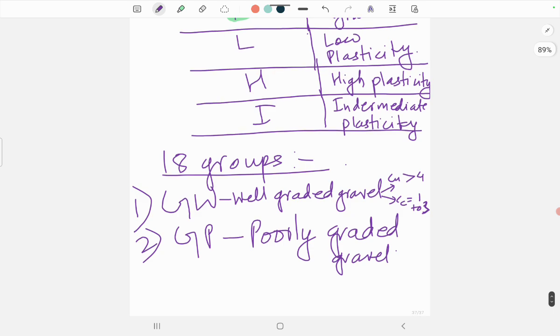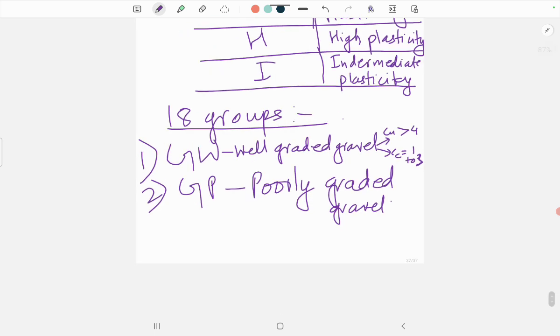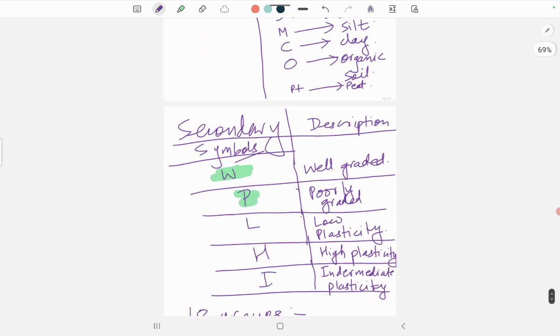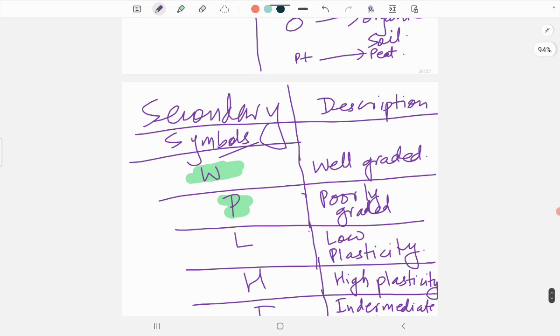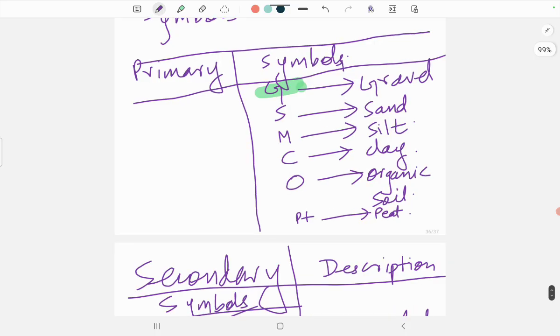Now we are going to write about gravel with silt and clay, silty gravel and clay gravel.